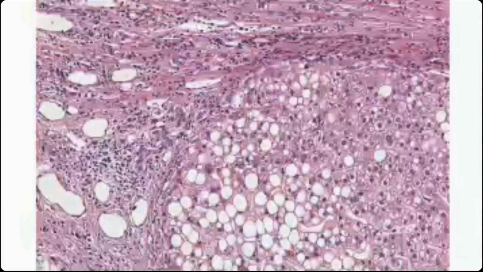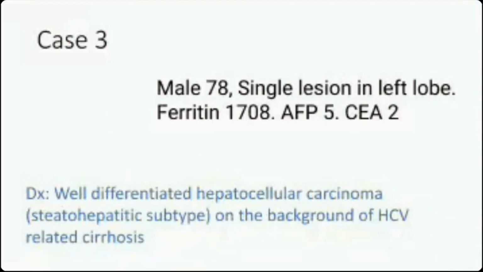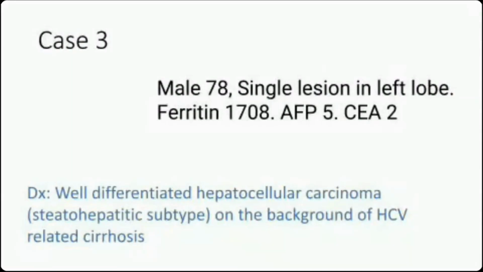Anyway, it's a well-differentiated hepatocellular carcinoma. This is a steatohepatitic variant, and the patient was known to have hepatitis C. I just didn't give you the information. In this country, the most common underlying causes of hepatocellular carcinoma are obesity and alcohol.